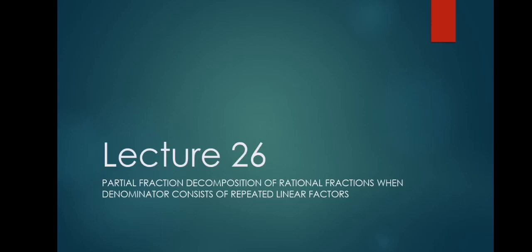This time, the factors in the denominator will be linear but also repeated. That is, for example, if we have x minus 1 in the denominator, it won't be x minus 1 only, it will be x minus 1 whole square or x minus 1 whole cube or something like this.